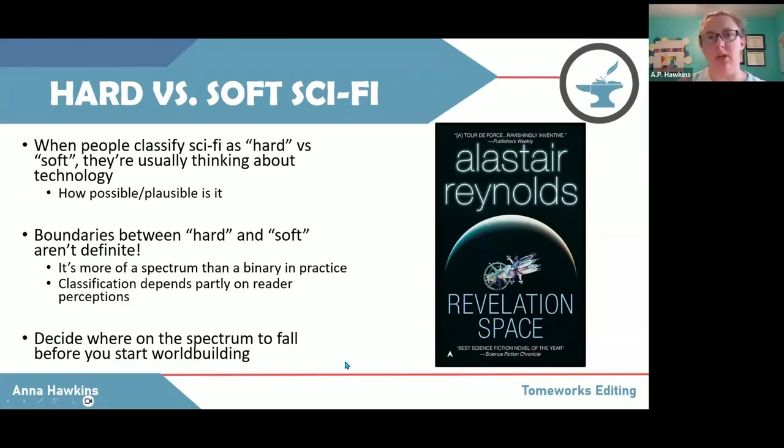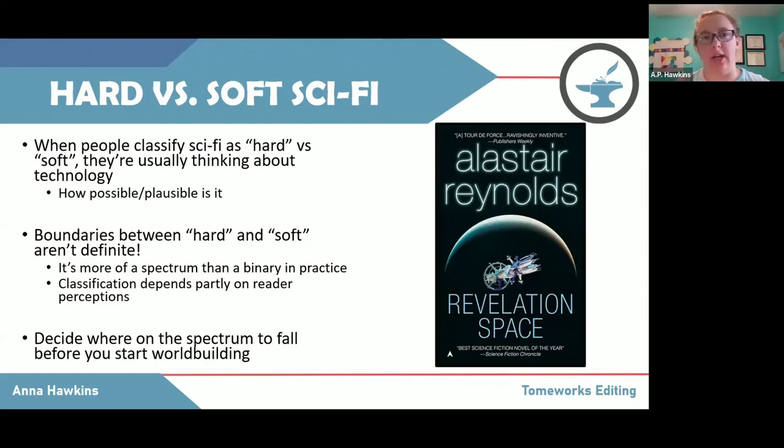In hard science fiction, the technology on the page is either possible in the real world, and we know it's possible, maybe not developed yet, but we know we could do it, or it's plausible in that maybe the science isn't quite there yet, but if we develop our ideas and our science and our understanding a little bit more, such a thing would be plausible to develop, even though we couldn't necessarily do it right now.